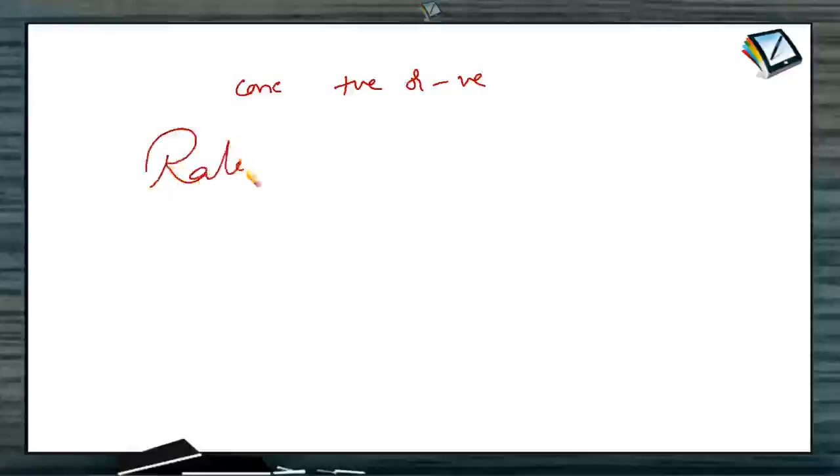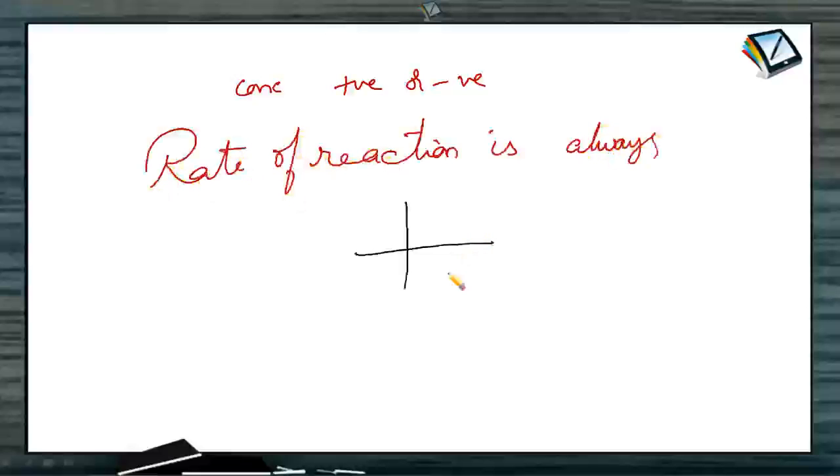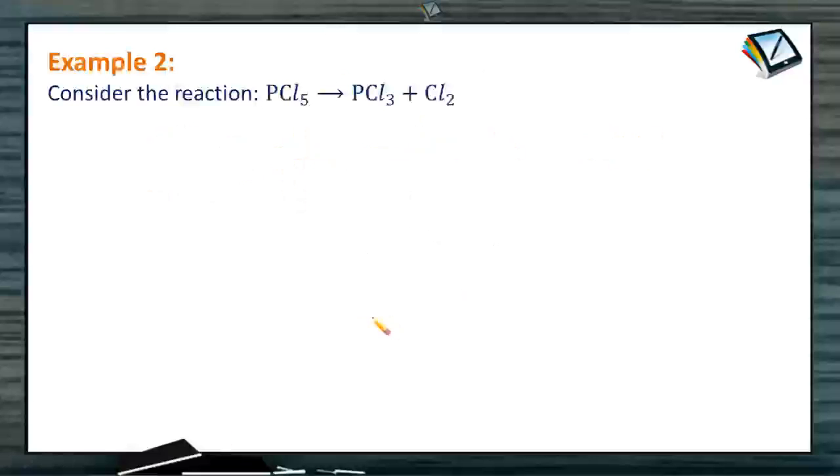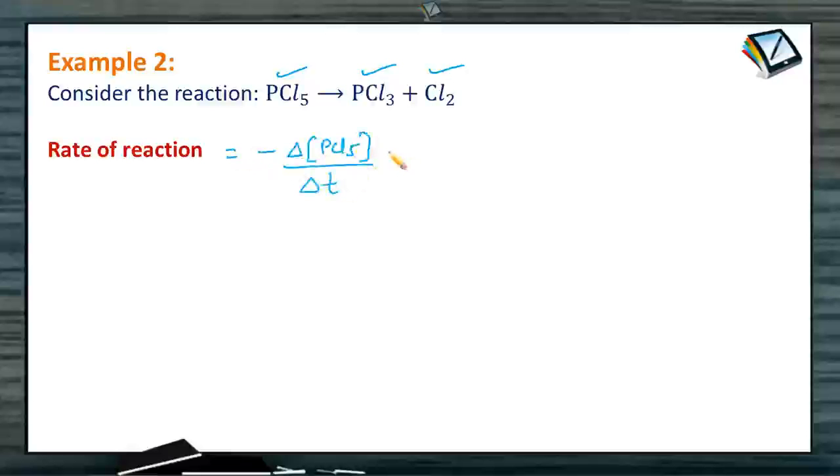Let us take another example. Here PCl5 is decomposed in order to give PCl3 and Cl2. So how will we write the rate of reaction for this one? It is like this. Rate of reaction is equal to minus of delta concentration of PCl5 upon delta t, equal to plus delta concentration of PCl3 upon delta t, which is equal to plus delta concentration of Cl2 upon delta t.